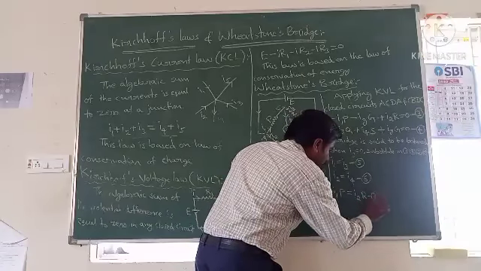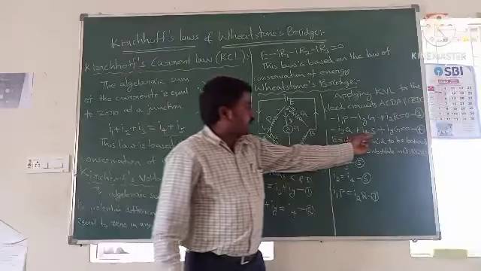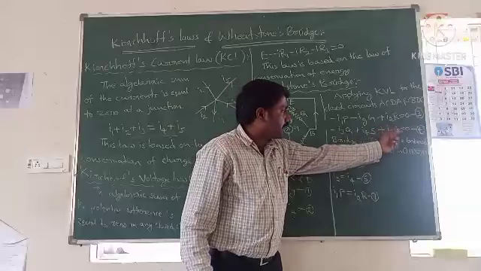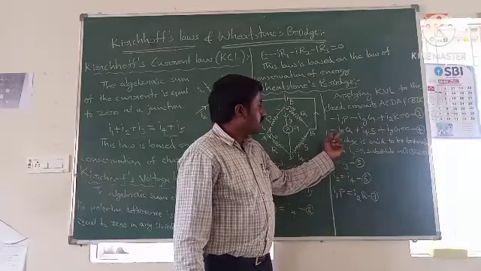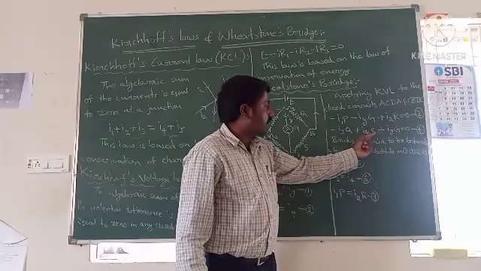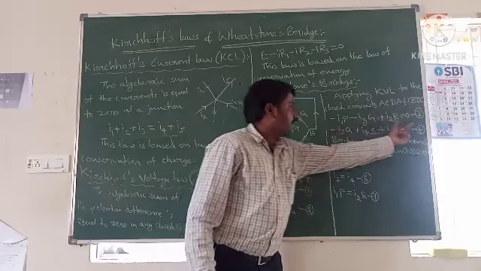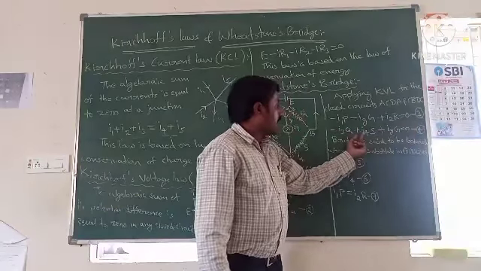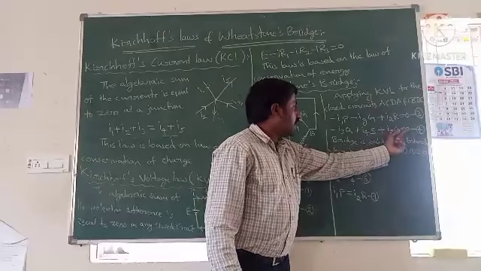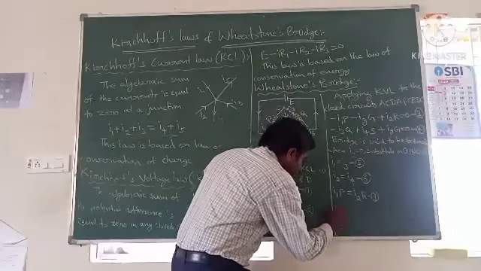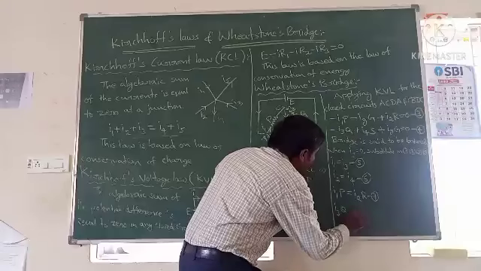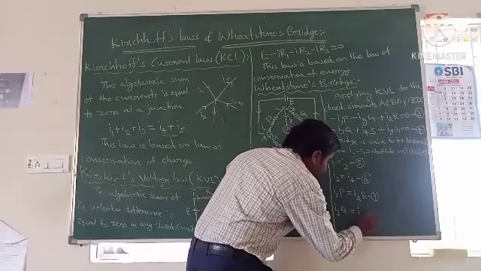Equation number 7. Similarly, when you substitute Ig equals 0 in equation 4, this term will become 0. Then minus I3 q plus I4 s equals 0. When you shift this minus I3 q term to this side, it will become plus. Then I4 s equals I3 q, so I3 q equals I4 s.